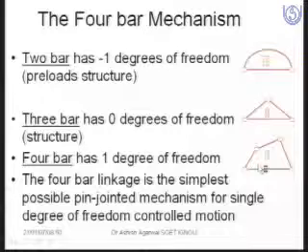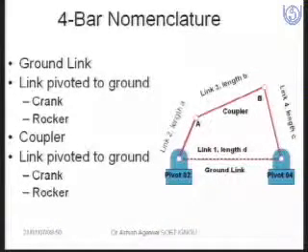On the basis of movement of this, the other 2 links are rotating or having motion, so therefore the degree of freedom is 1. So the 4-bar linkage is the simplest possible pin joint mechanism having a single degree of freedom, and the 4-bar linkage is used for the basic study in mechanical engineering. Now we will first define the 4-bar nomenclature.